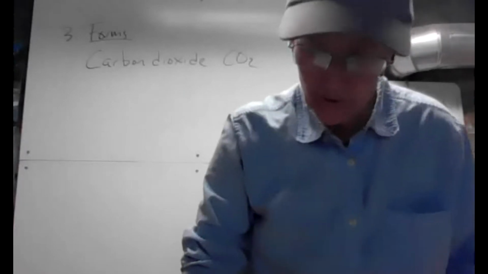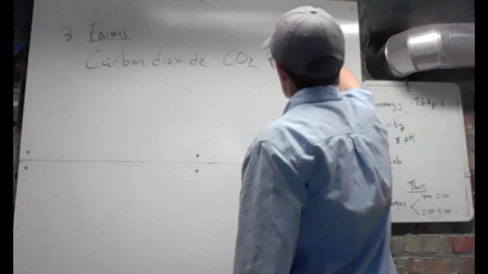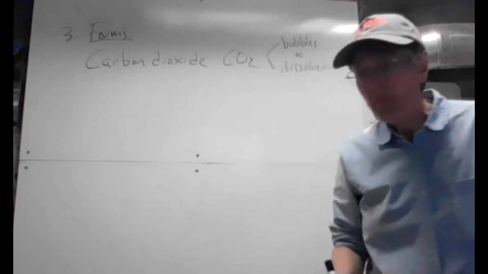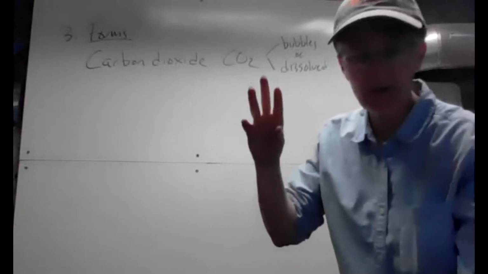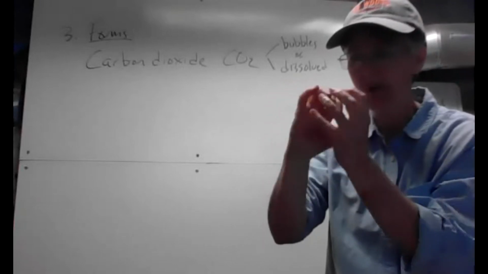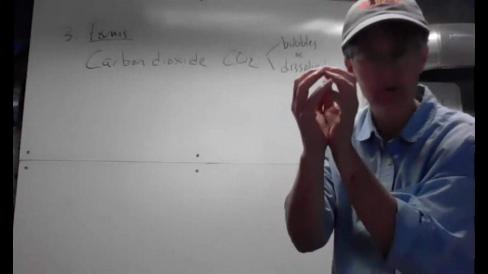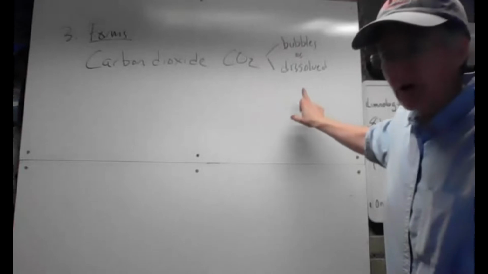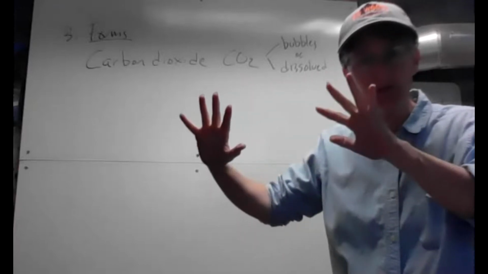Now you could have bubbles of this, or it could be dissolved. And what we mean by a bubble is a whole lot of molecules of carbon dioxide all together, with no water inside here, just a whole lot of carbon dioxide molecules doing that gas thing, right? Picture that. There's a bubble. Carbon dioxide could also be dissolved. And what we mean by dissolved is all of those individual molecules are separated.